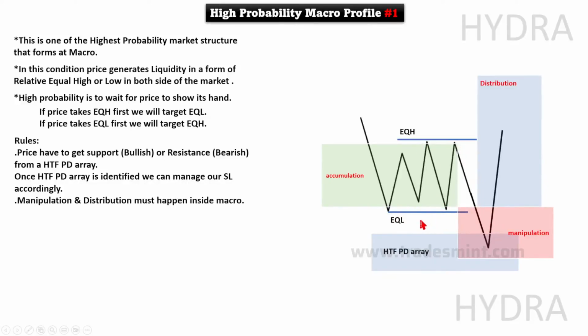Here in this picture you can see price cleared out relative equal lows first, so this is our manipulation, and we have relative equal highs left. This is our distribution phase. Very easy to understand. Accumulation, manipulation, we are looking for the manipulation to occur inside a higher time frame PD area, and the distribution cycle, we are looking for this distribution to target these relative equal highs up here.